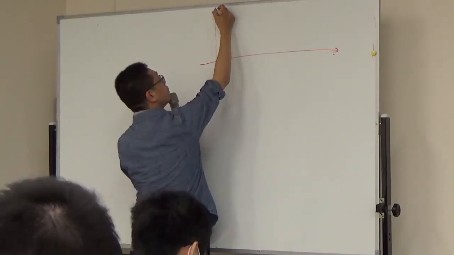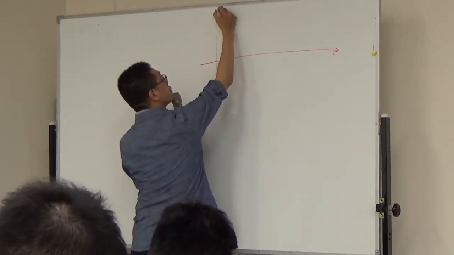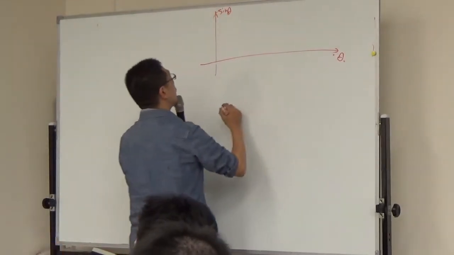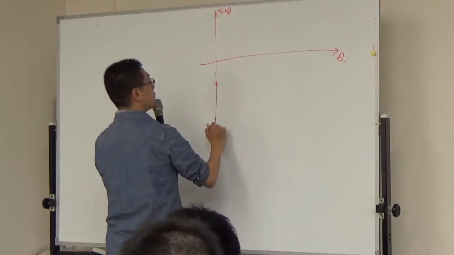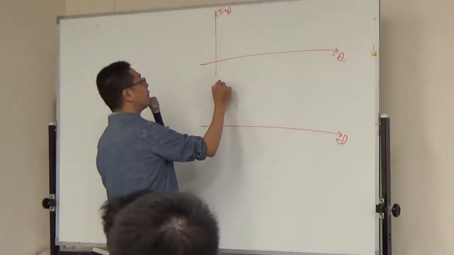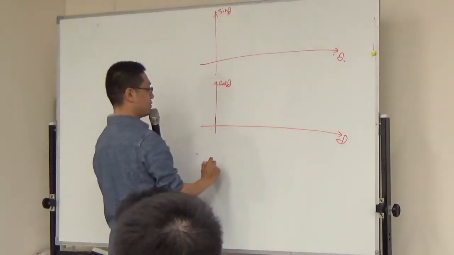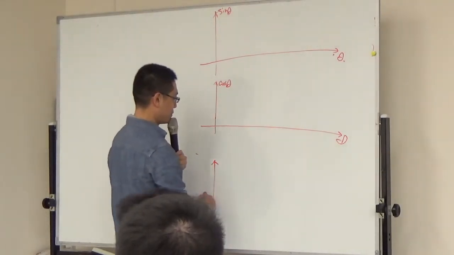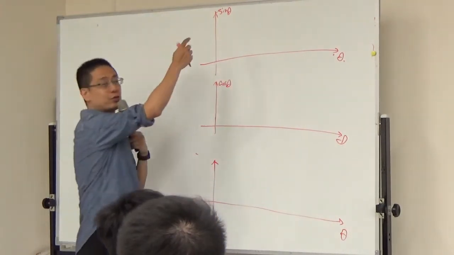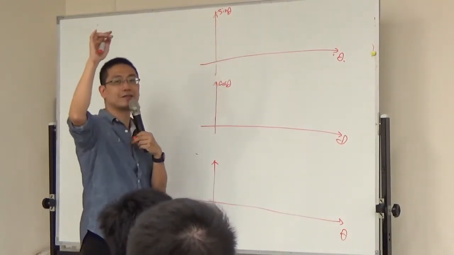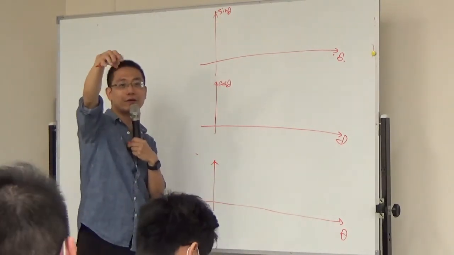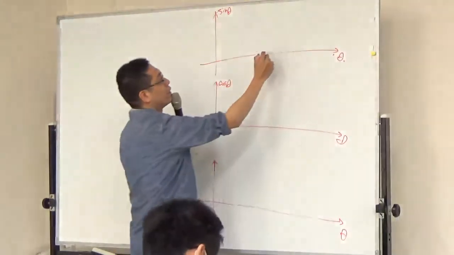Just show me this is the sine theta, and this is cosine theta, and this is tangent theta. Just 2 pi. Your hands. Come here. Anyone? One more. Come here. 2 pi. Easy.